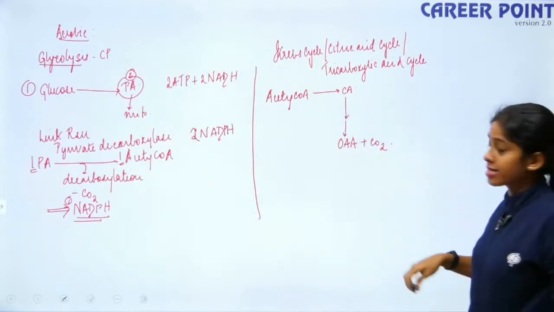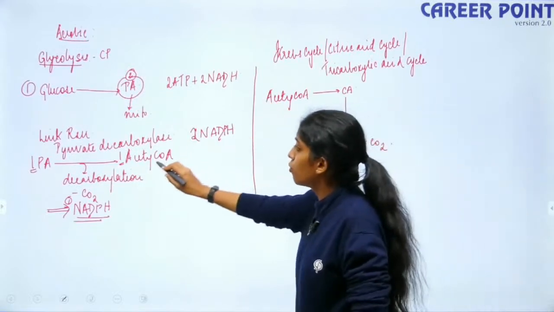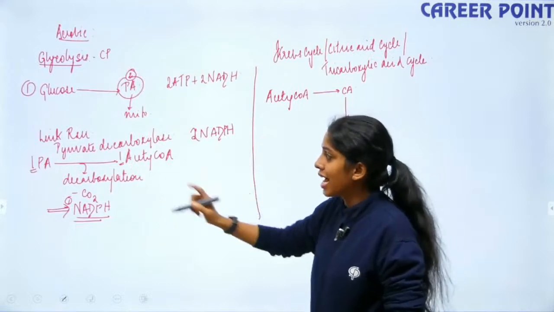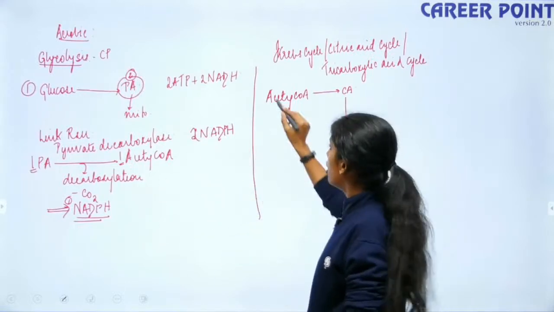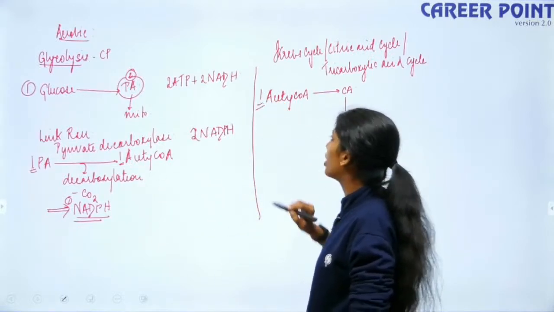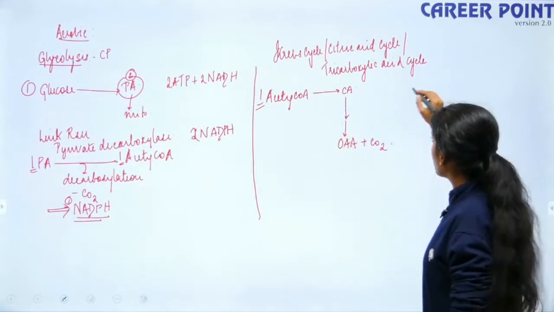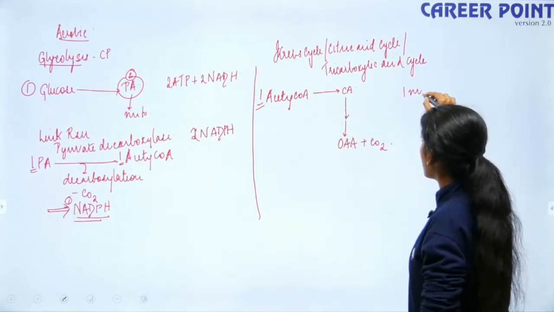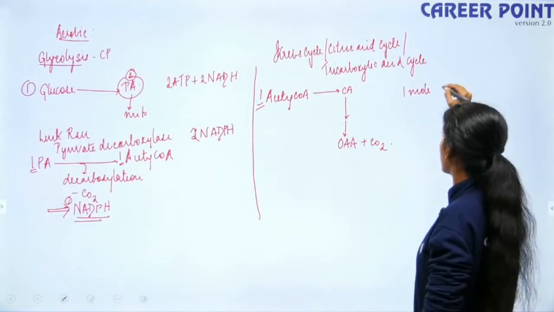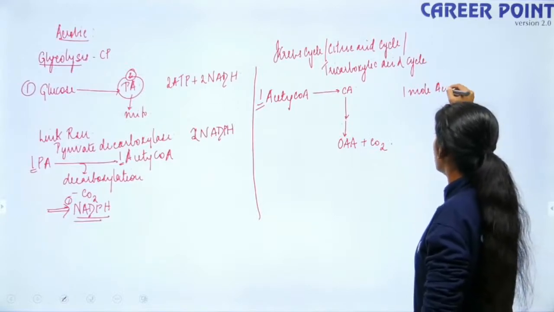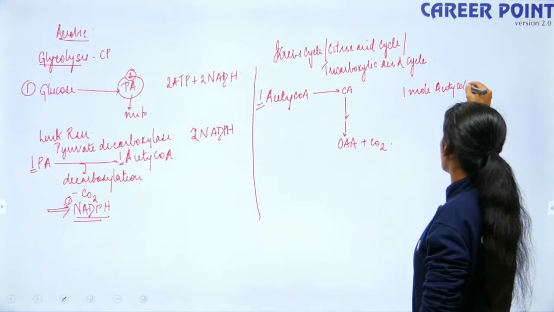Fine? Yes. So here I have 2 molecules of acetyl-CoA because I have 2 molecules of pyruvate. But here I am talking for 1 molecule of acetyl-CoA. So for 1 molecule of acetyl-CoA in your Krebs cycle, what is the turnover rate?